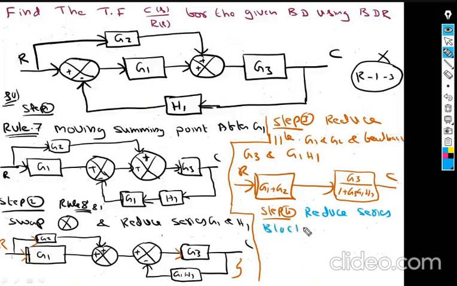If you reduce those series blocks, you will get the final block. This is R and this is C. Since they are in series, you get G1 plus G2 into G3 divided by 1 plus G3 G1 H1. This is the answer.